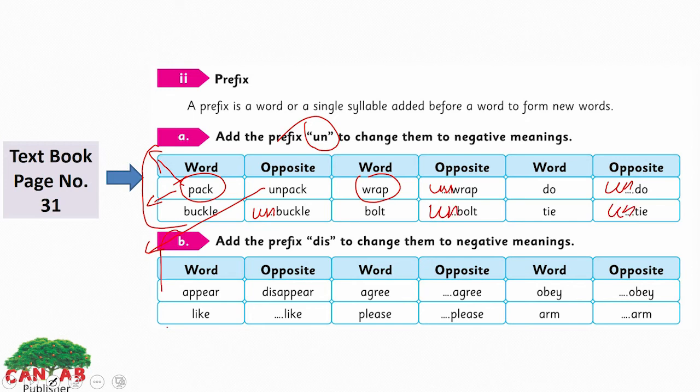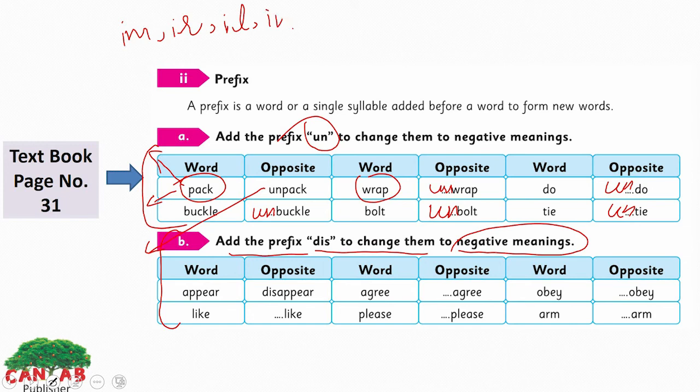Now look, section B. Add the prefix dis to change them to negative meaning. Again, we have so many negative prefixes. Im, il, in. We have this one here, dis. It will change the meaning of the word into a negative one. Like how?